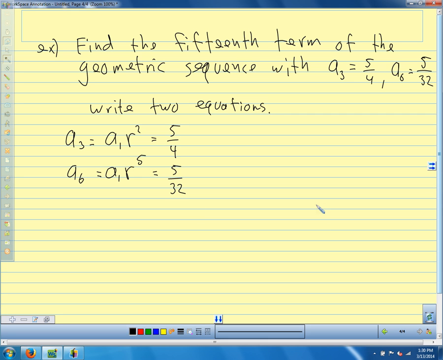Anybody see how we might be able to go about doing this? Not quite as easy as the last one because our equations are a little more complicated. You have an idea?